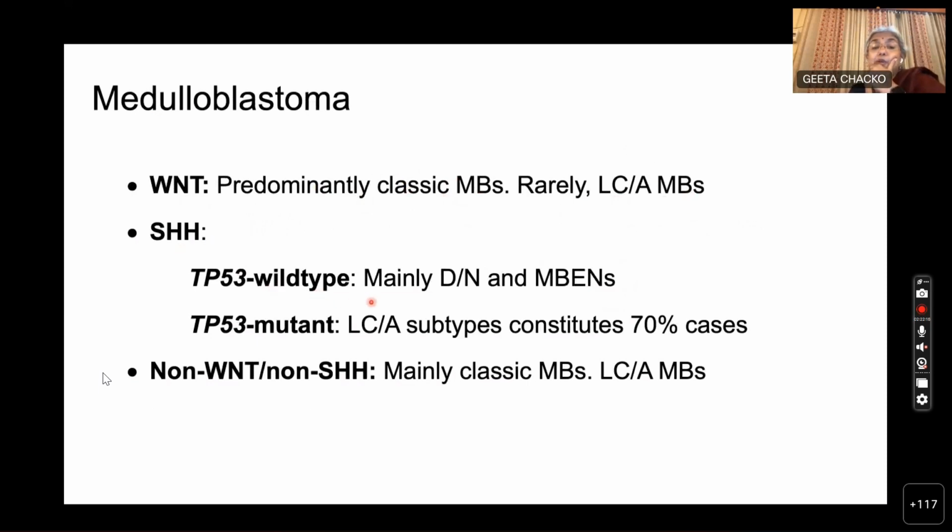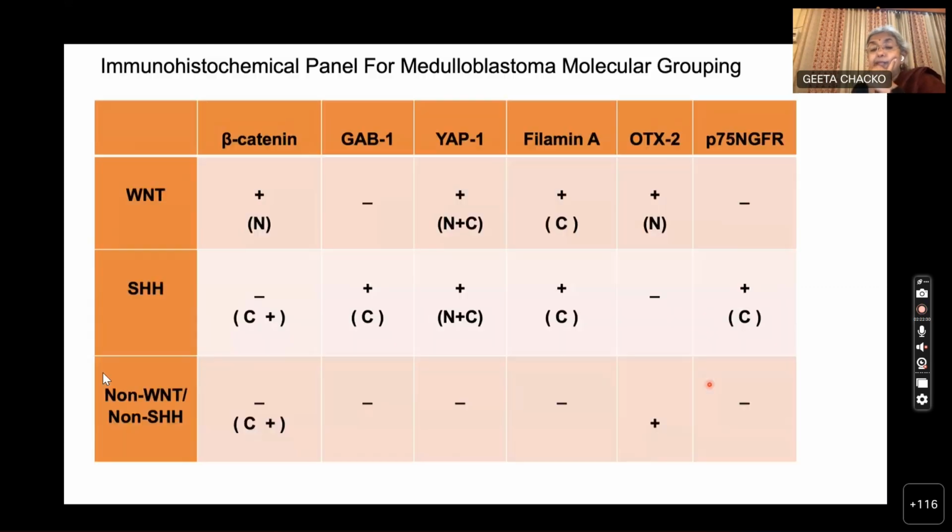The sonic hedgehog pathway ones, like we saw in our case, which was desmoplastic nodular mainly, and if it's P53 mutant, most of them are large cell anaplastic. And non-Wnt, non-SHH can be either classic or large cell anaplastic. So the surrogate markers that can be done for these tumors for differentiating are beta-catenin for the Wnt pathway, GAB and YAP are also done.